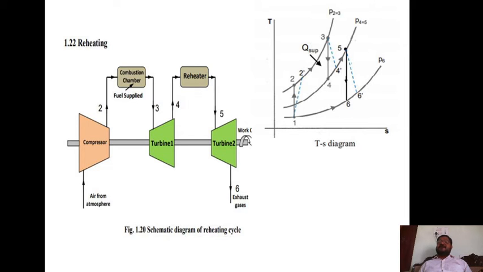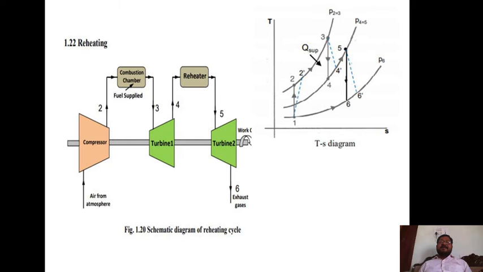Here two cycles are there. 1 2 3 4 5 6 1 is the ideal cycle, without including 2 dash, 4 dash, 6 dash. If you include 2 dash, 4 dash, 6 dash in the cycle, that is called the actual cycle.